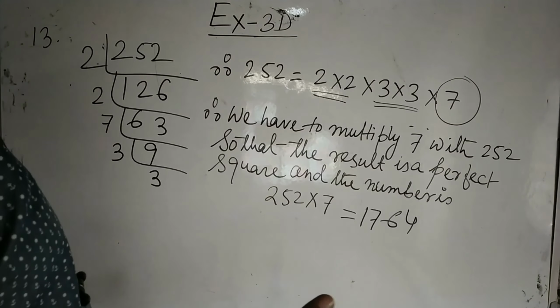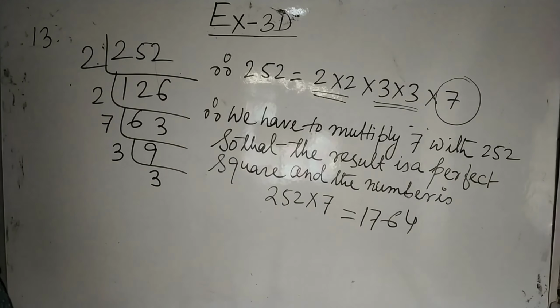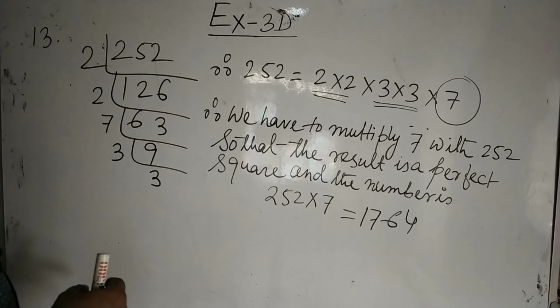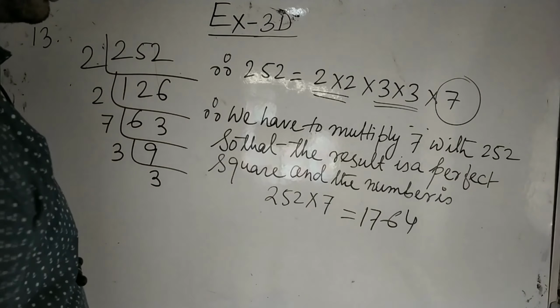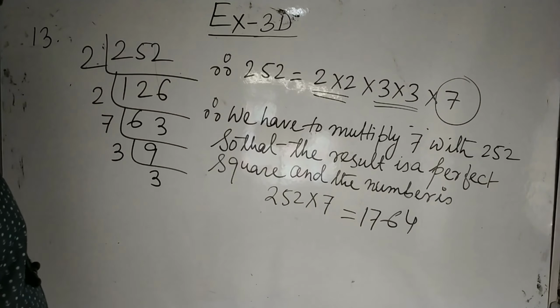Usually students make the mistake that they again prime factorize this number and then find its square root. But I will suggest that instead of finding the square root of this number by using the prime factorization method again, just observe that this number is obtained by multiplying 7 with 252.